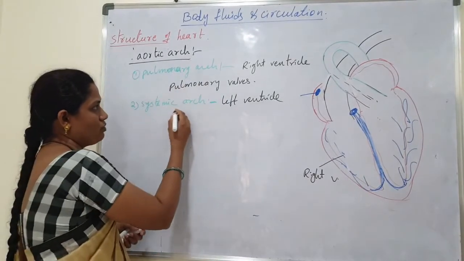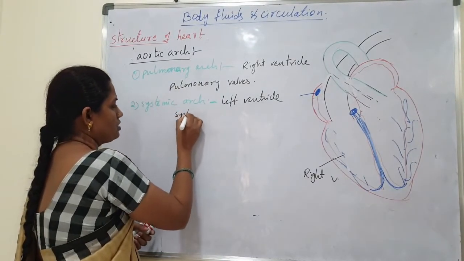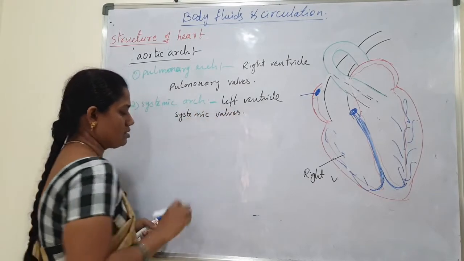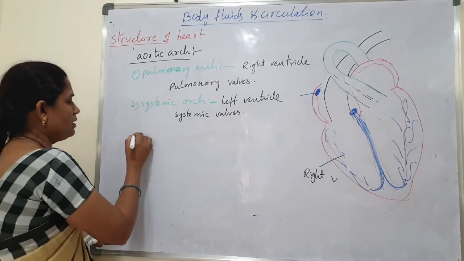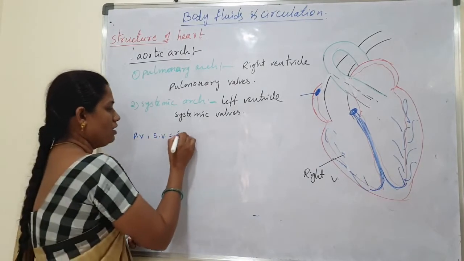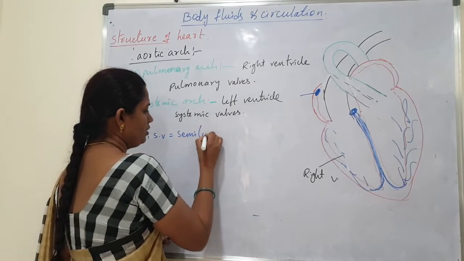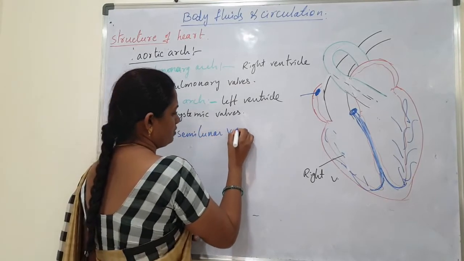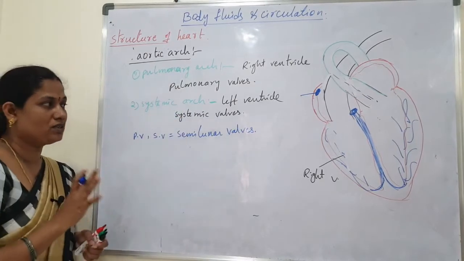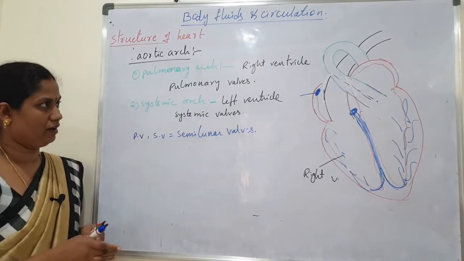It also has valves, which are called systemic valves. The pulmonary valves and systemic valves together are called semilunar valves.